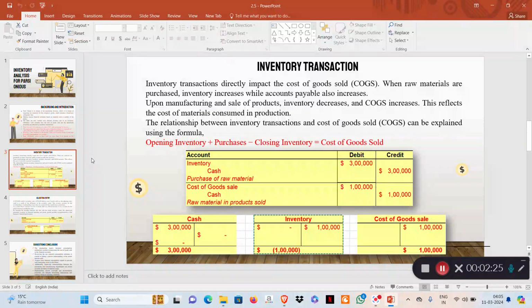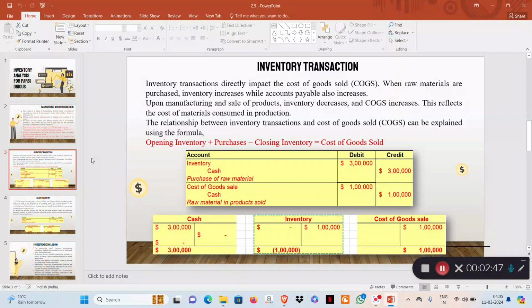This reflects the cost of materials consumed in production. The relationship between inventory transactions and cost of goods sold (COGS) can be explained using the formula: opening inventory plus purchases minus closing inventory equals cost of goods sold.